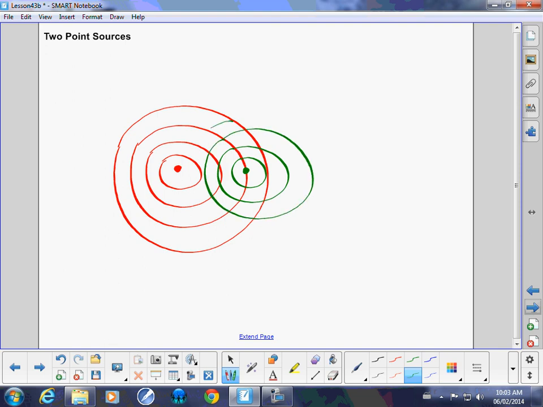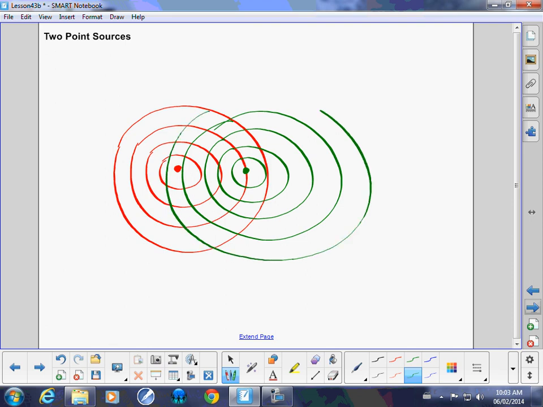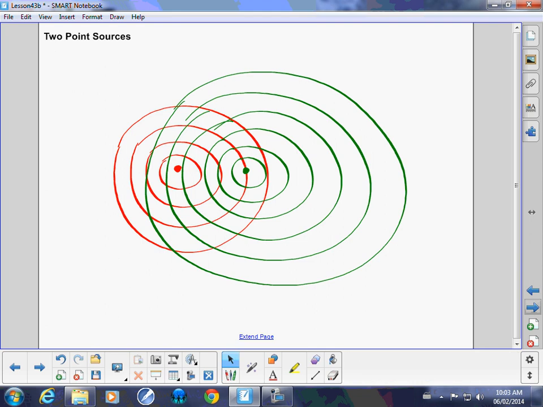Very similar. And of course, they emanate outward in all directions. I'm going to put a couple more circles in, maybe another one like this.